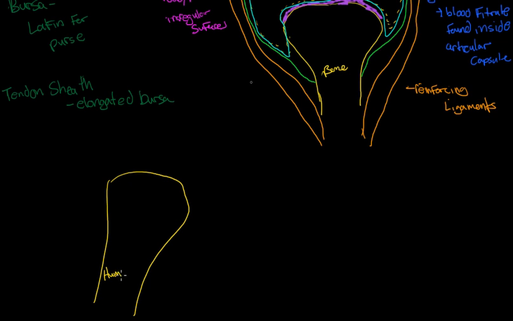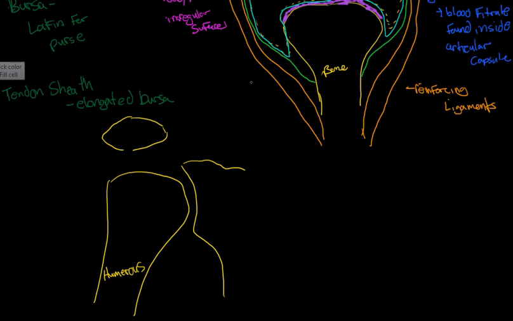This is the humerus. And then we'll have our glenoid fossa, which is part of the scapula, come around here, and our acromial process hanging out up here, which is also part of the scapula.